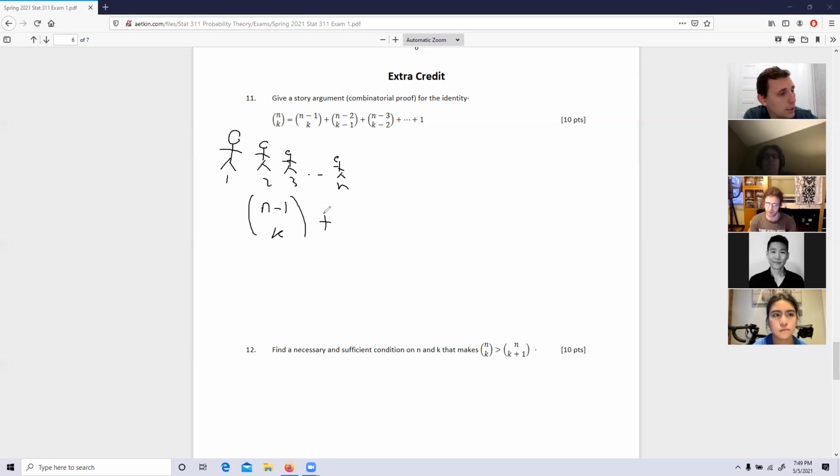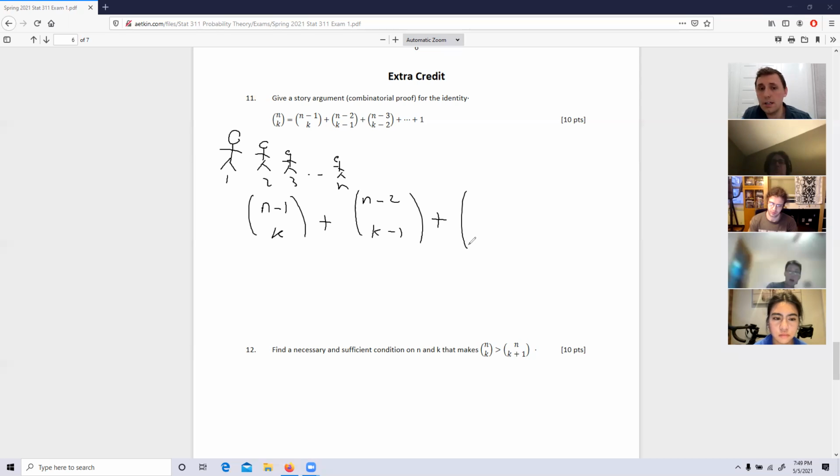And so altogether, I have n-2 available candidates, and out of them, I still have to pick k-1. Or I picked both the shortest guy and the next shortest guy, and I did not pick the third shortest guy. So that would be n-3 choose k-2, and so on. You understand the idea?